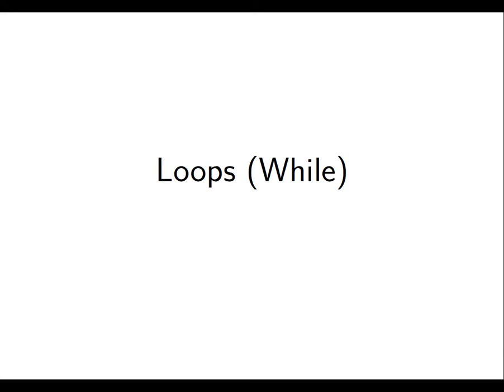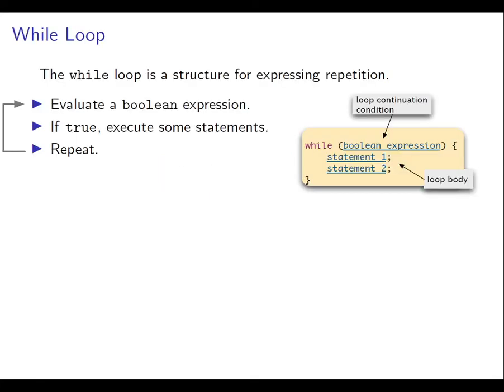So that's if statements. Let's go on now and think about loops, which are expressed using while statements in Java. So a while statement is a structure for expressing repetition when you want something to happen some number of times. Similarly to the if statement, you start off by evaluating a Boolean expression, and then if the Boolean expression comes out to be true, you execute some statements.